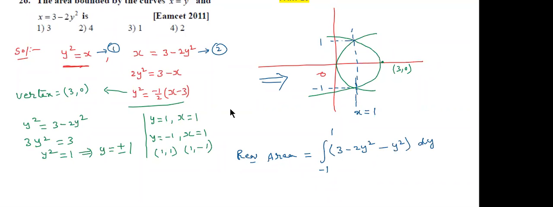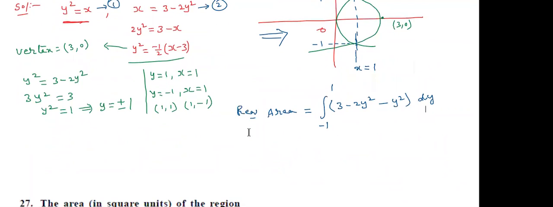I have taken limits as y values, the function also in y only. Now students, calculate this: 3 minus 2y square minus y square is 3 minus 3y square or not. So take 3 common, remaining integral from minus 1 to 1 of 1 minus y square dy.